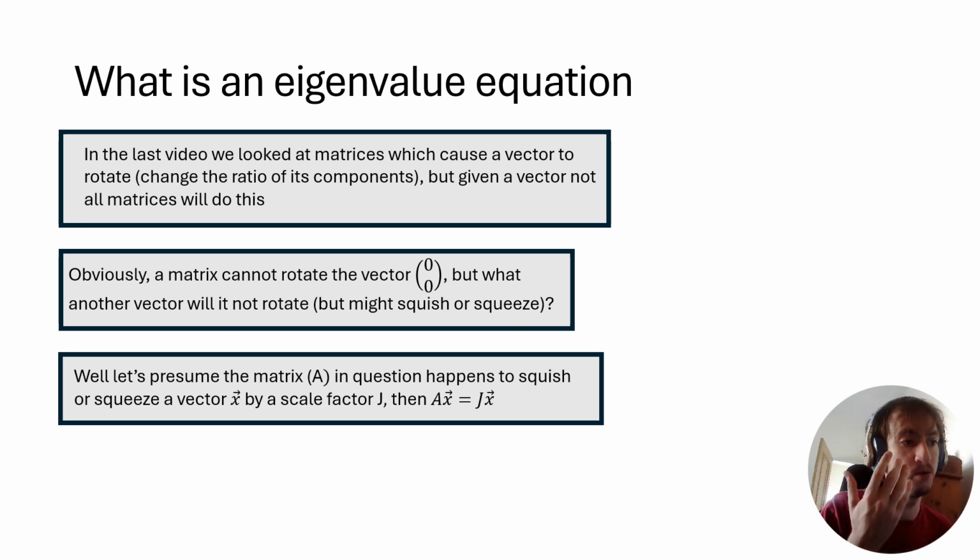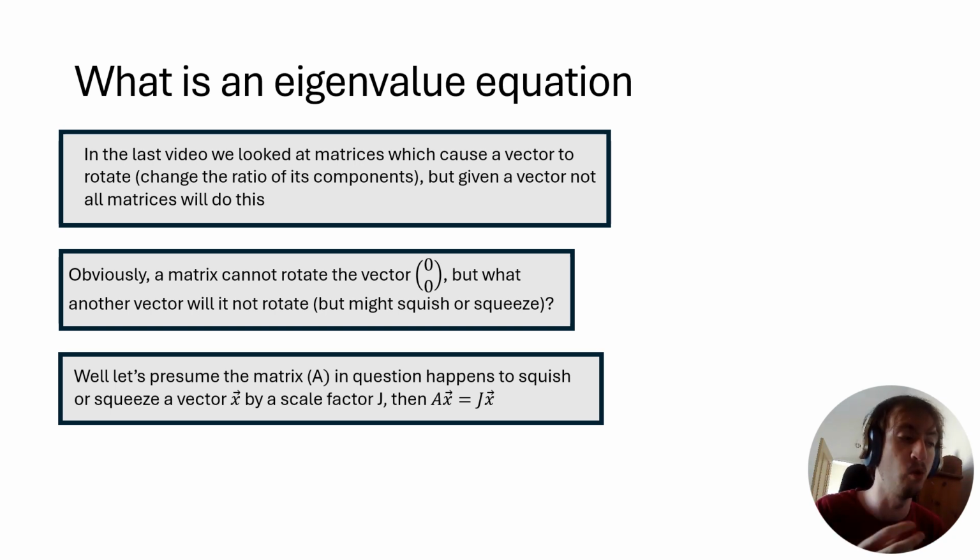Then we can say that when we act A on our eigenvector, the eigenvector is just squished or stretched by a scale factor j. Now j is just a number telling us how much the vector has been stretched by. So if j is 2, then the vector has become twice as long.